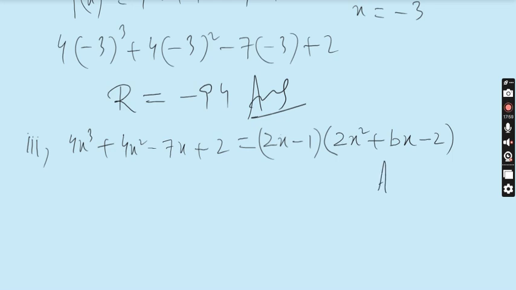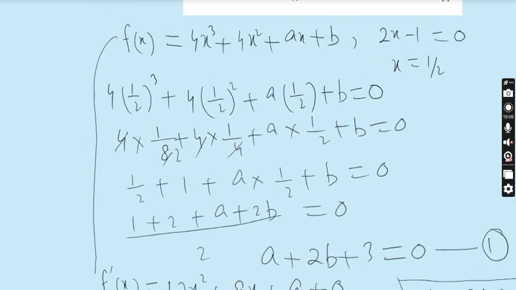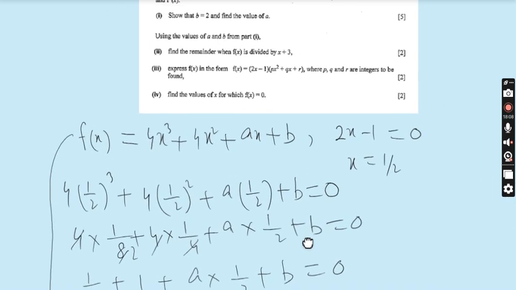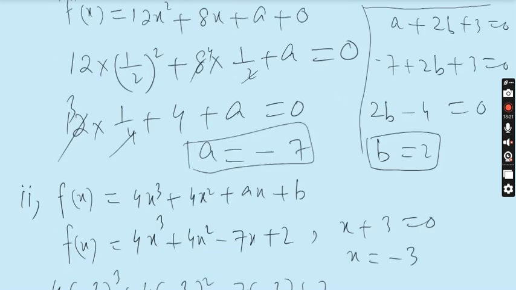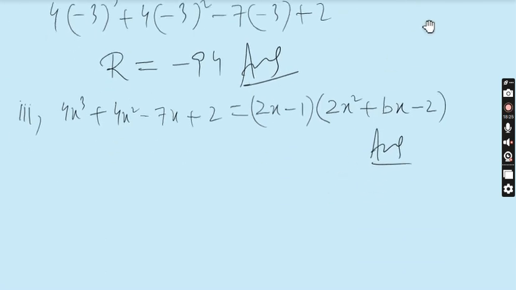So this is the answer of part 3. This is the requirement. You can see the requirement again. Write down (2x minus 1)(px squared plus qx plus r), where p, q and r are integers to be found. Part 4, find the values of x for which f(x) is equal to 0. Very easy. This is part 4.